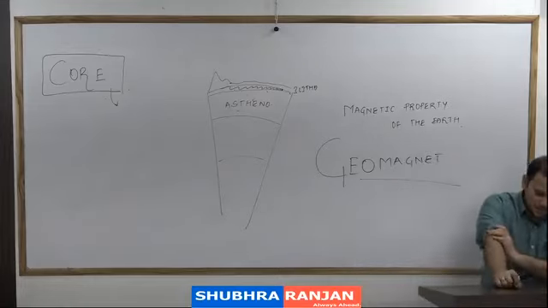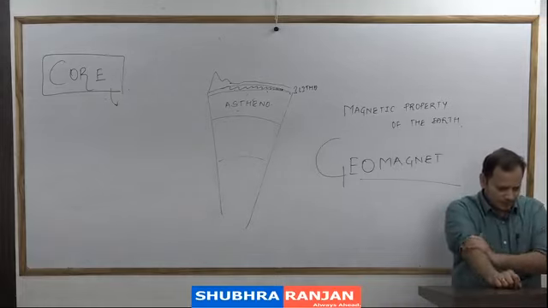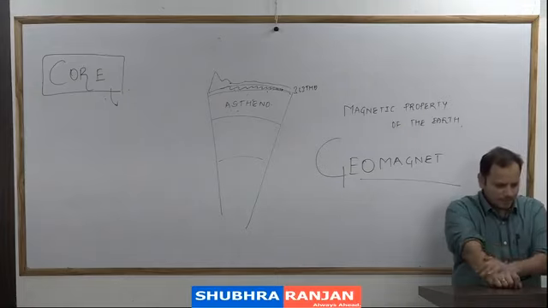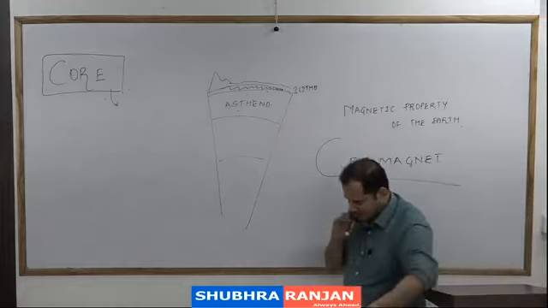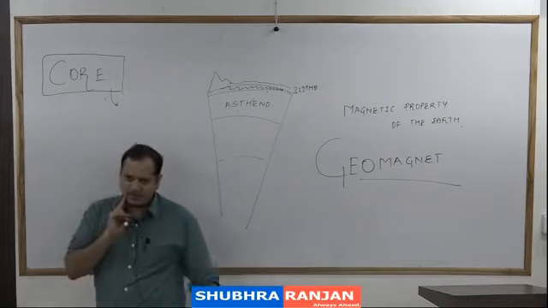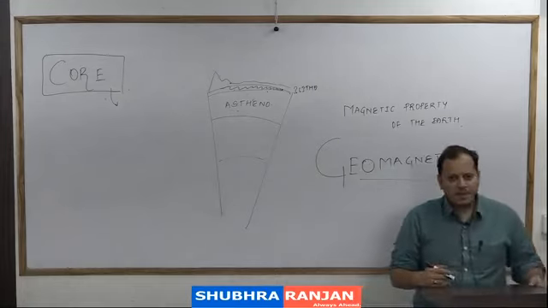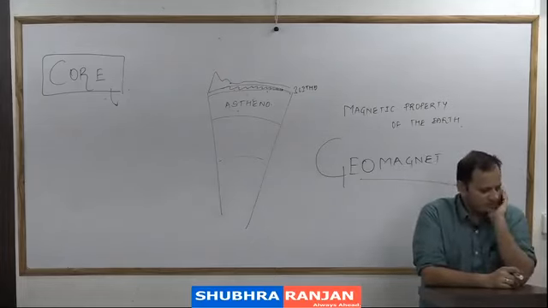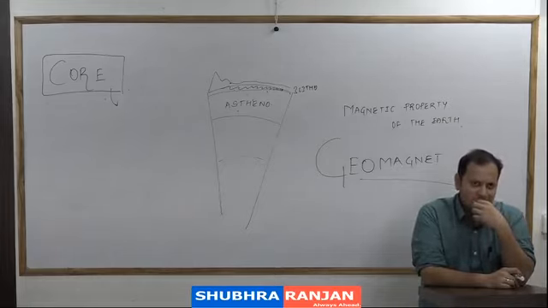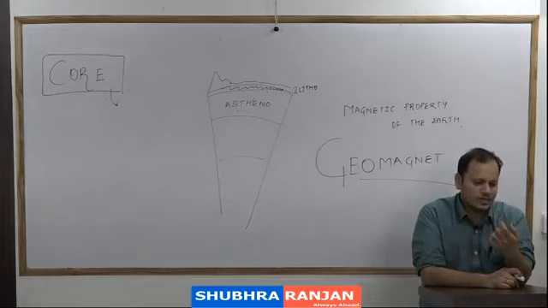Next is the inner core: very dense, solid, and the innermost area, dominated mostly by iron, is known as the inner core.